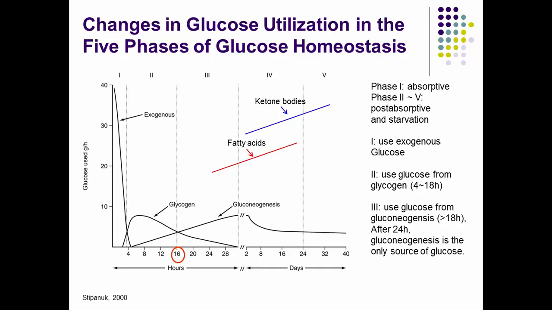One is 16 to 18 hours, the time point when our body's glycogen is almost completely depleted during fasting. The other is 24 hours of starvation, when fatty acids become a very important alternative metabolic fuel. And after 2 days of starvation, ketone bodies become a very important energy fuel.